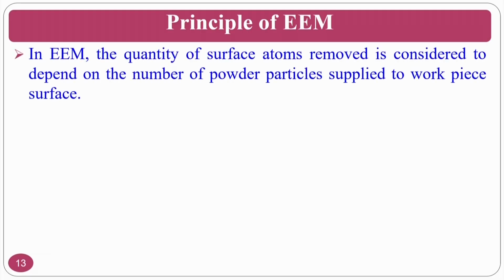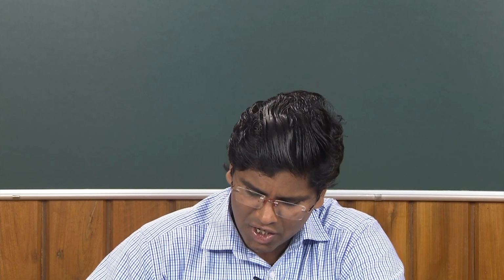The principle of EEM: in EEM, the quantity of surface atoms removed is considered to depend on the number of powder particles. As I said, abrasive particles, because each abrasive particle will form OH bonding with the workpiece surface and it will remove. In short, the powder particle supply is the most significant factor in determining the process efficiency.